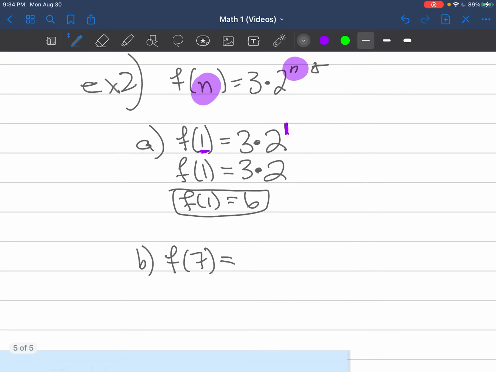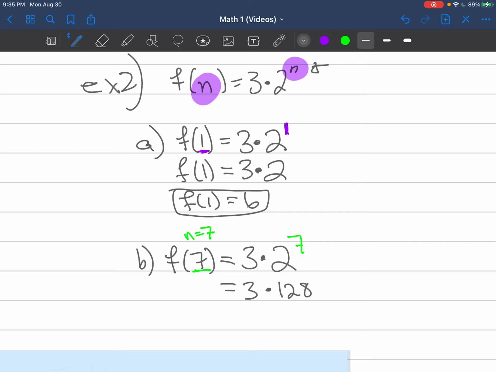Now f of 7. This time we're going to replace our n's with 7, right? This is saying n equals 7. So we'll have 3 times 2 to the 7. Well, 2 to the 7: 2 times 2 is 4, 4 times 2 is 8, 8 times 2 is 16, 16 times 2 is 32, 32 times 2 is 64, 64 times 2 is 128.